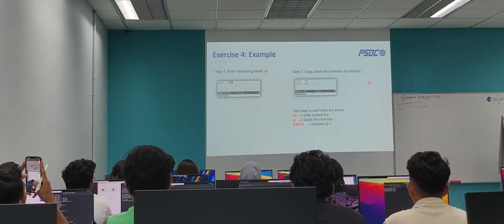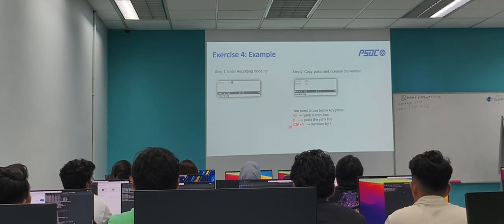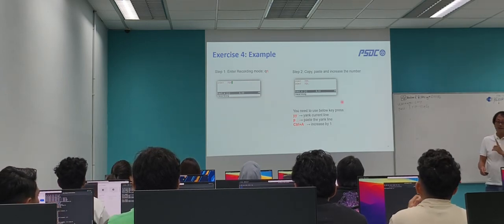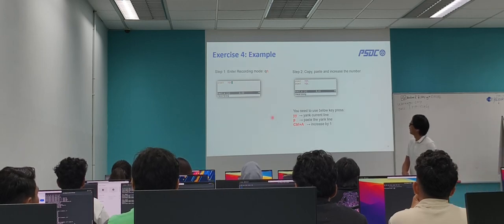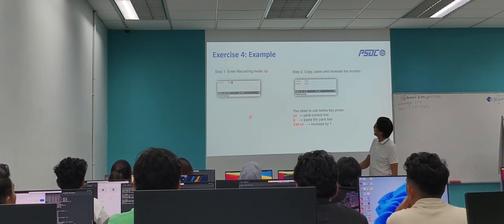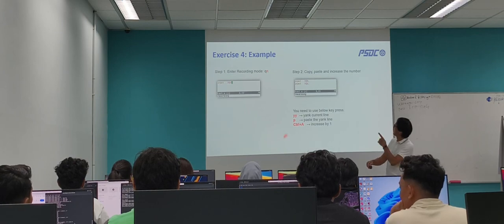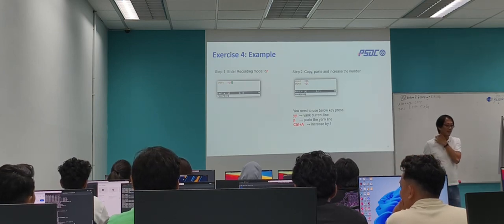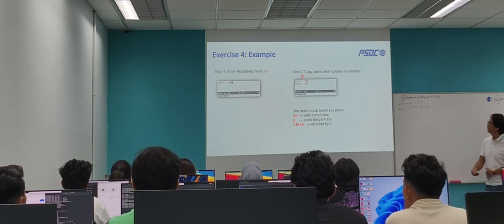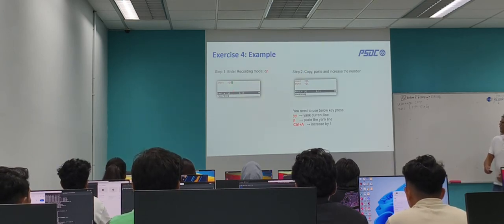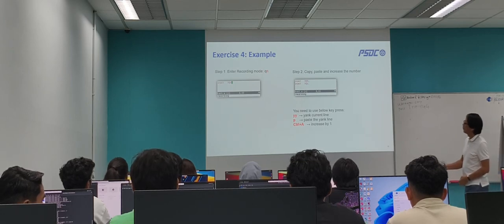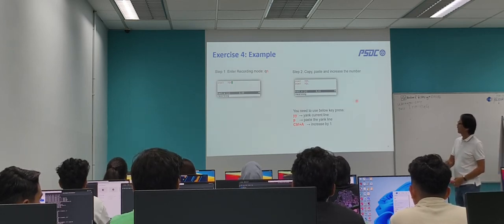Let me show you the recording aspect. You can try the following. Open your VI, maybe you start with test.v. Edit test.v. Then you start typing this input EQ exactly like this.